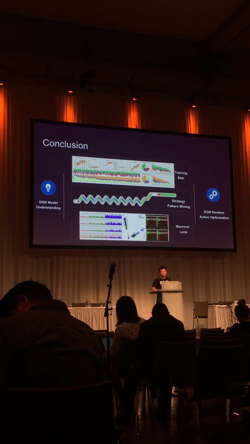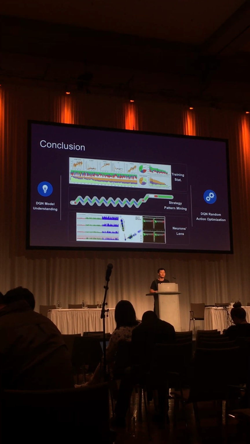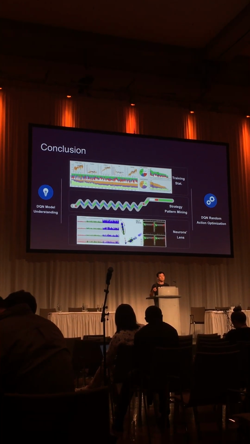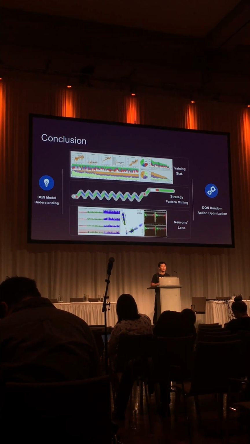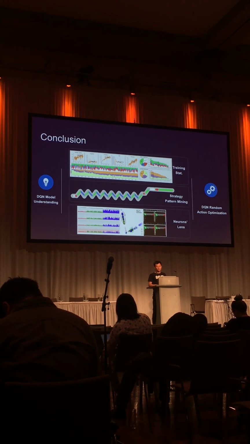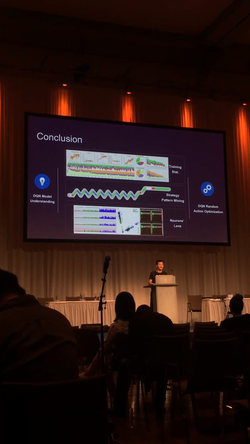As for model optimization, there is a huge space we can work on, like the experience replay, this kind of memory of the agent, and how to optimize it. And we have to work with you to explore this area.